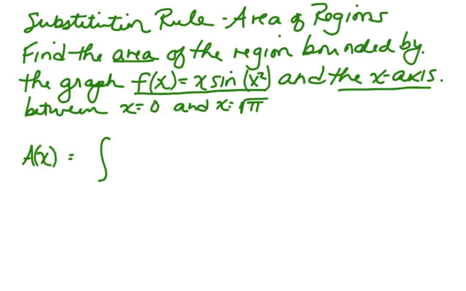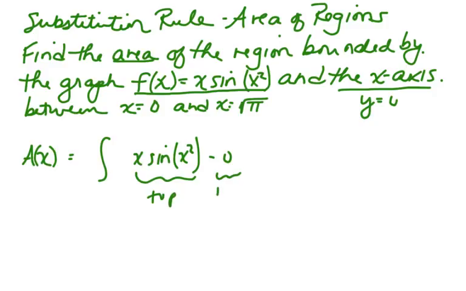So the integrand would be f of x minus y equals 0, which is 0. Right, the region bounded by the top. This is your top function, and that's your bottom. Okay, you could graph this and see what you're looking at.